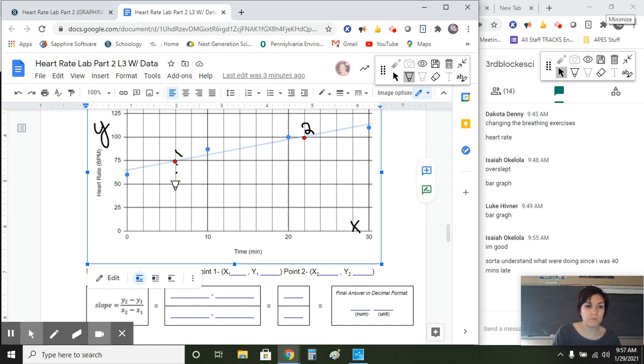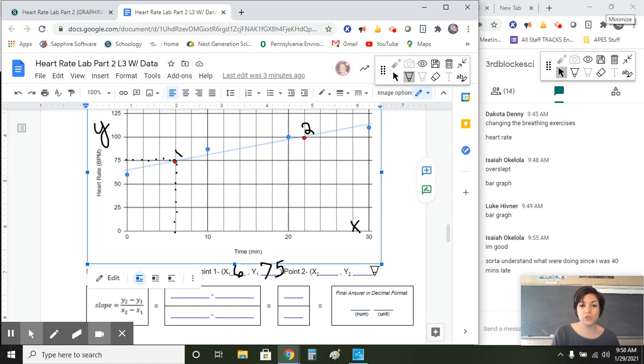I count that. 2, 4, 6. So this first value that I'm giving you is 6. My y1, I take it over. It is 75.